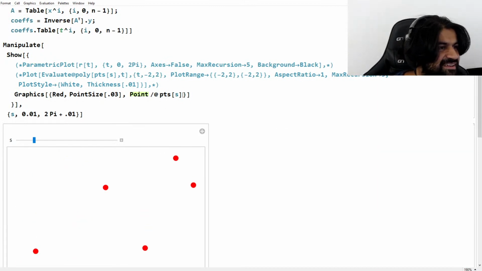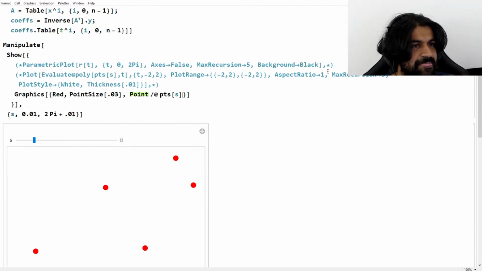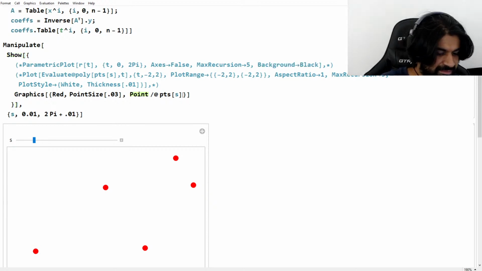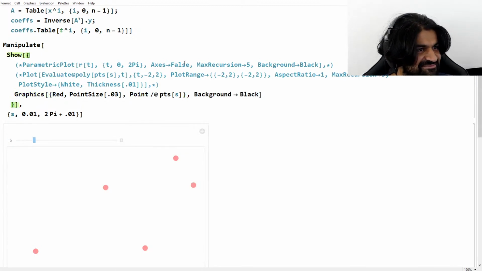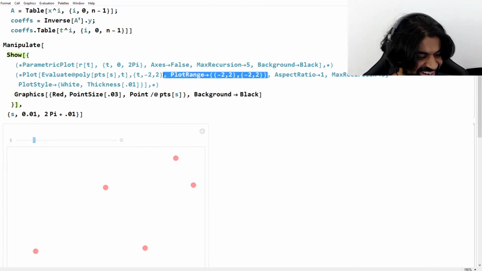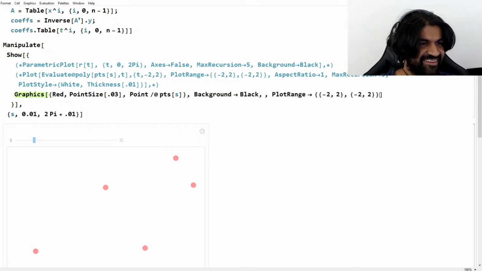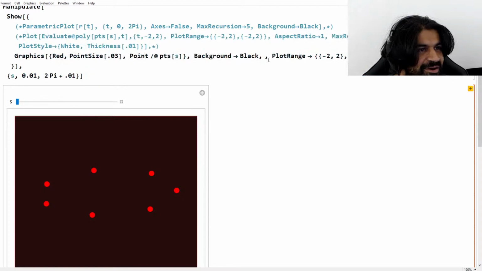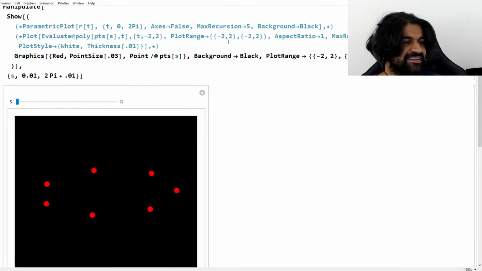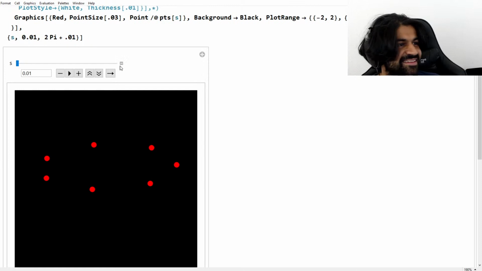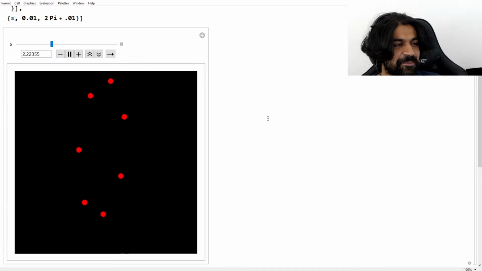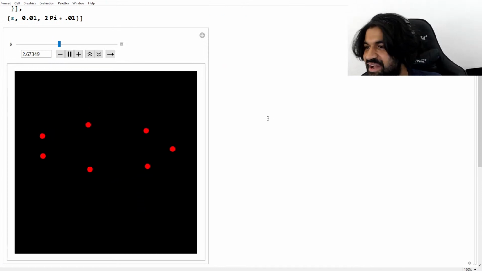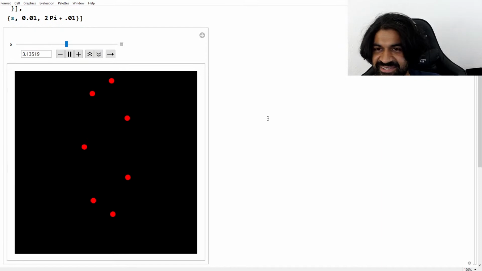I just need to do a black background. This is just me having fun, by the way, if that wasn't clear. Oh, I have 2 commas. Okay, I got rid of the path, and hold on, I need to slow it down. These are now the 7 points, just moving around.